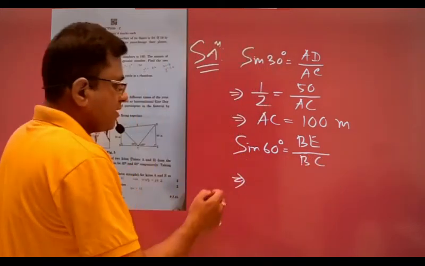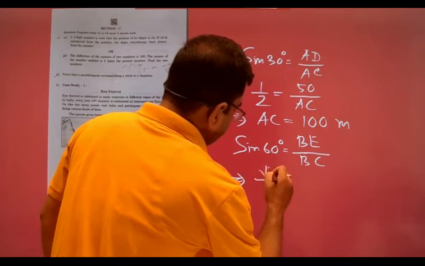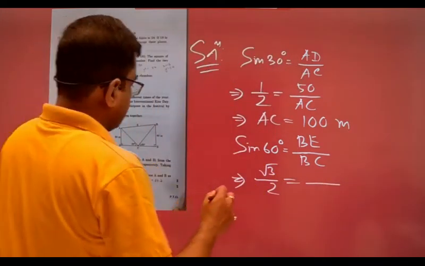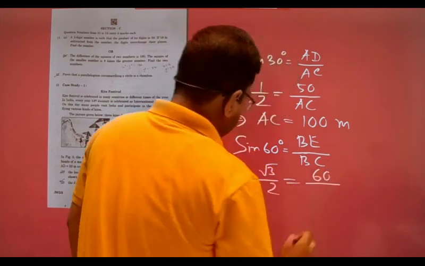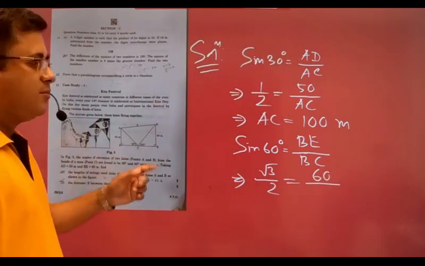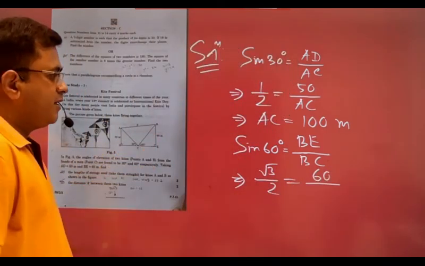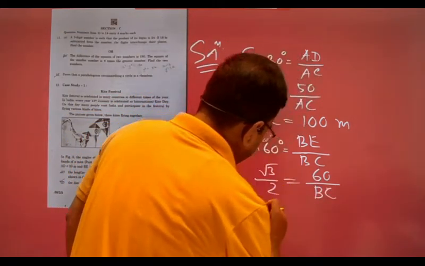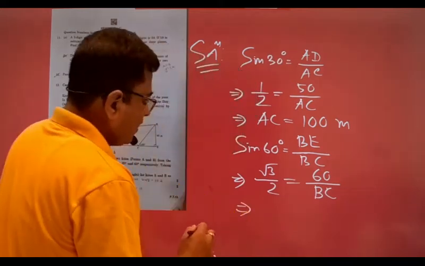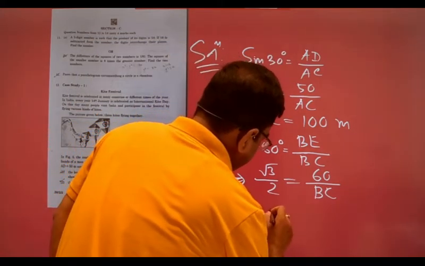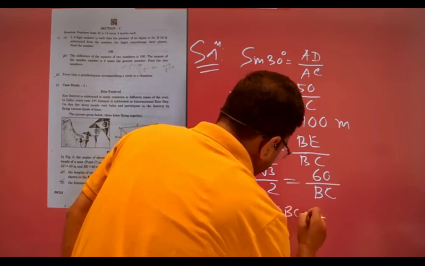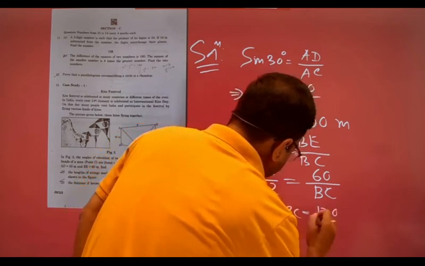So sine 60 equals root 3 by 2, and BE equals 60, the height of kite B, divided by BC. You need to find BC, the length of the string for kite B. So root 3 BC equals 120.